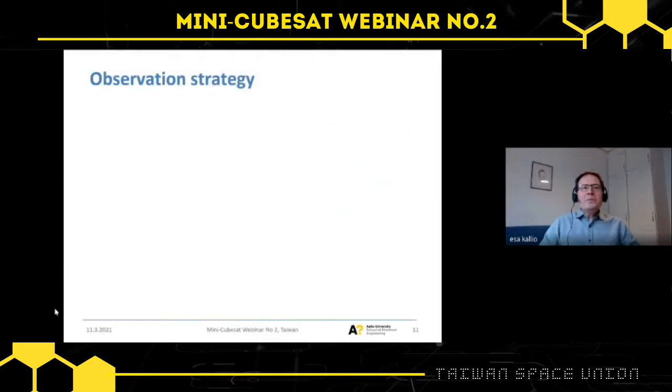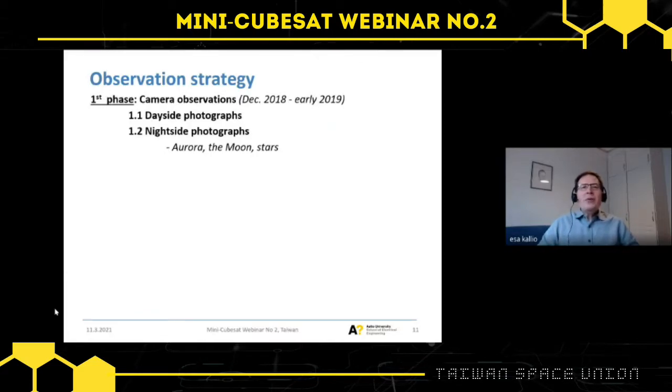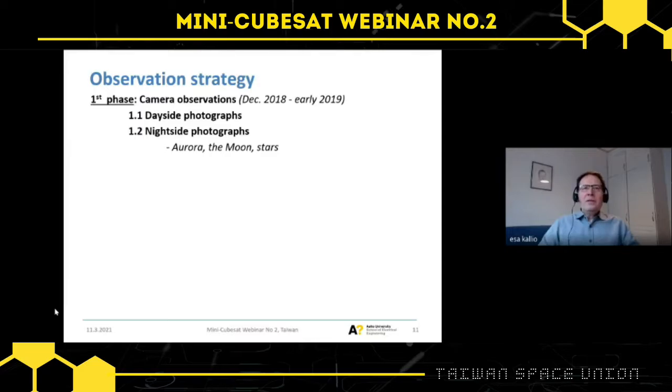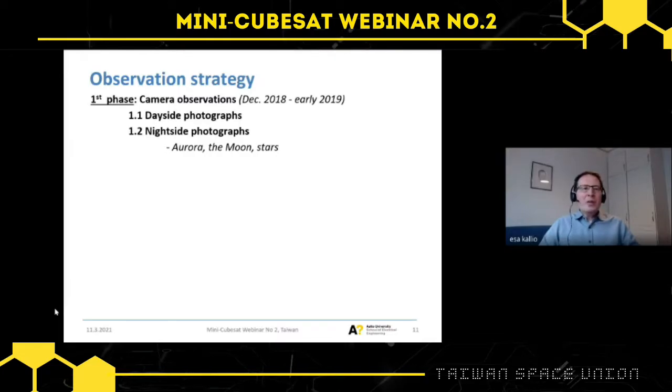So how do we really do the observations? We have two instruments, and we have day and night. Sometimes we are on the day side in sunlight, sometimes on the night side. In the first phase, we started to use the camera as much as possible, beginning with the easiest photographing, day side photographs, because it is easy to see by naked eye how the camera works when you look at those photographs.